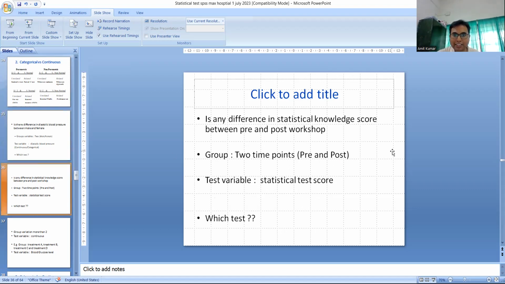In another scenario, is there any difference in statistical knowledge between pre and post workshop? Paired t-test, very correct.